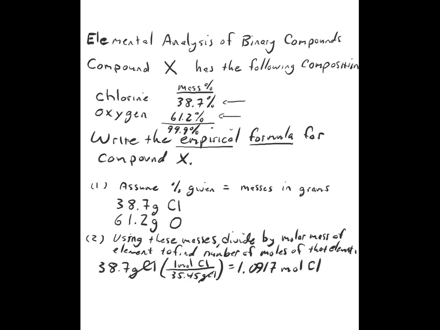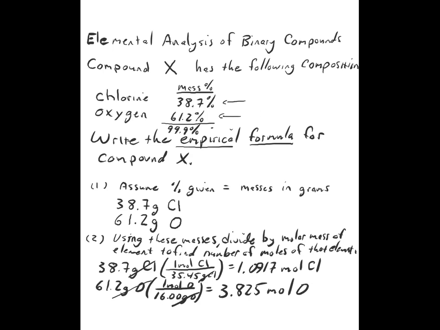Same thing with the oxygen. 61.2 grams of oxygen. One mole of oxygen is 16.00 grams, from the periodic table. You're dividing by the molar mass. So 61.2 over 16, and you get 3.825 moles of oxygen.